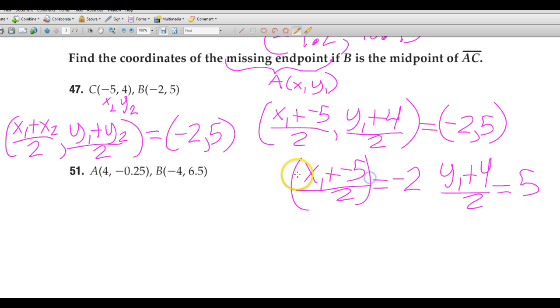Multiply both sides by 2, and that will clear out the 2 in the denominator. Add 5 to both sides.